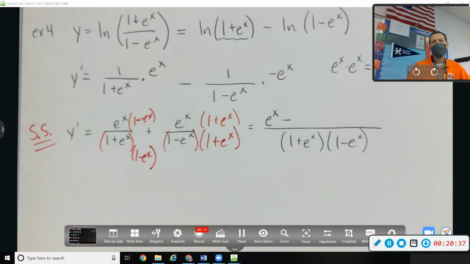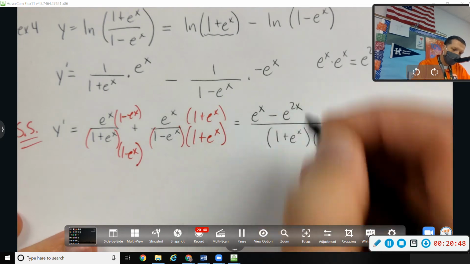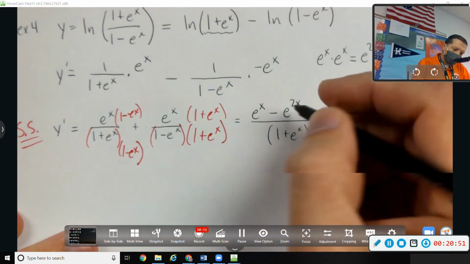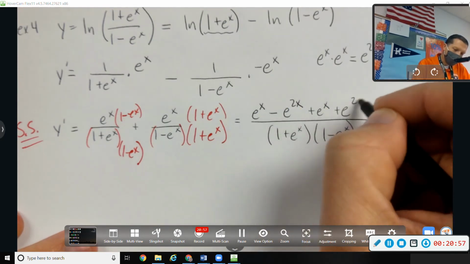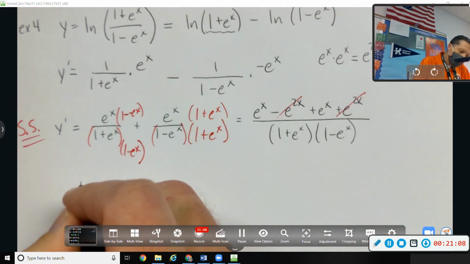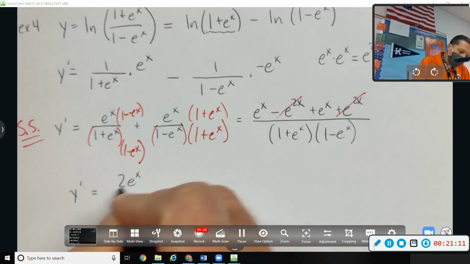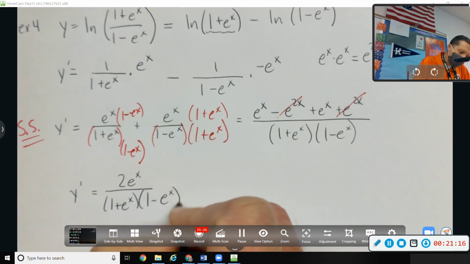Oh, perfect. My face is over the answer. 2x. E to the 2x. So minus e to the 2x. And then the second one, plus e to the x plus e to the 2x. And so those e to the 2x's will cancel out. And you got 2 e to the x over 1 plus e to the x, 1 minus e to the x. There's your multiple choice answer.